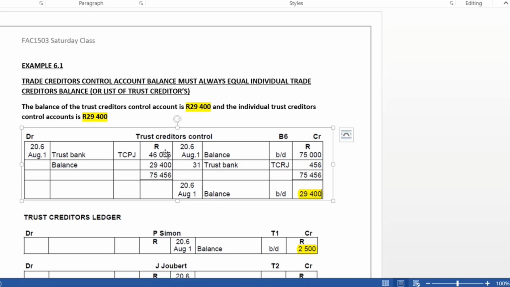So I'm going to give you another example just for you to understand the transfer procedure. I'm an attorney's firm and Faith is my client. Faith is going to register a bond in the next few months.